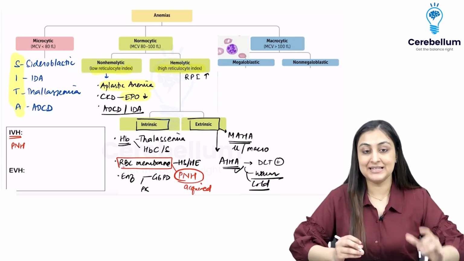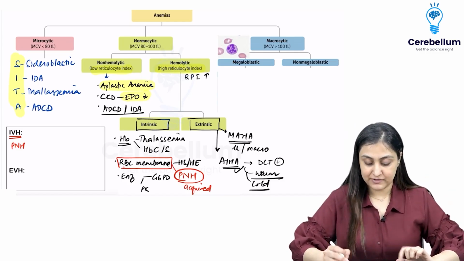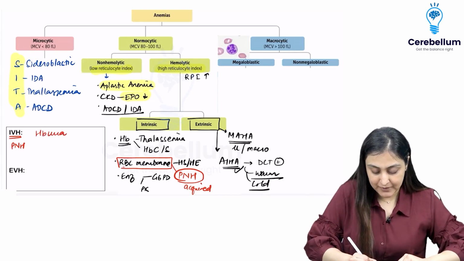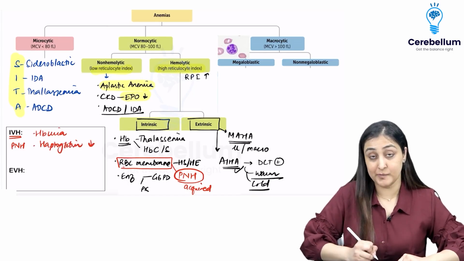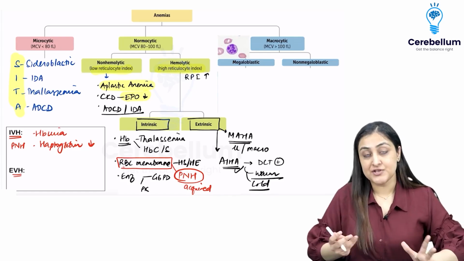Now, let's quickly discuss what will happen in IVH and EVH. So, remember, whenever we have intravascular hemolysis, what you're gonna have is hemoglobinuria. Haptoglobin, because it is binding to so much RBC, it reduces. Hemoglobinuria, haptoglobin, very, very important. Apart from that, in EVH, what's gonna happen? Extravascular hemolysis.